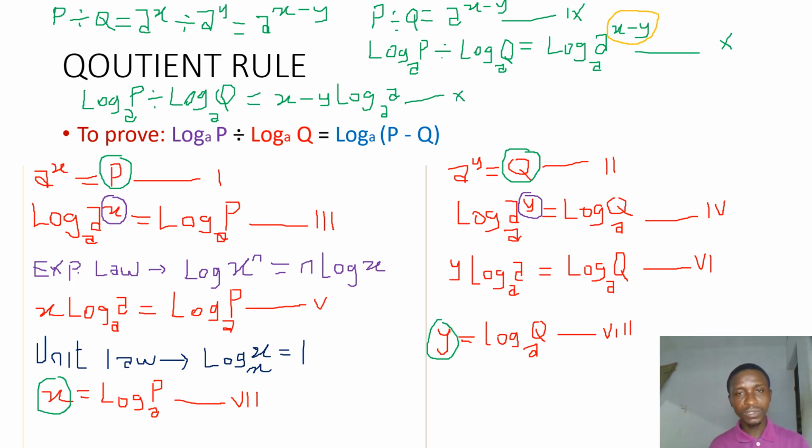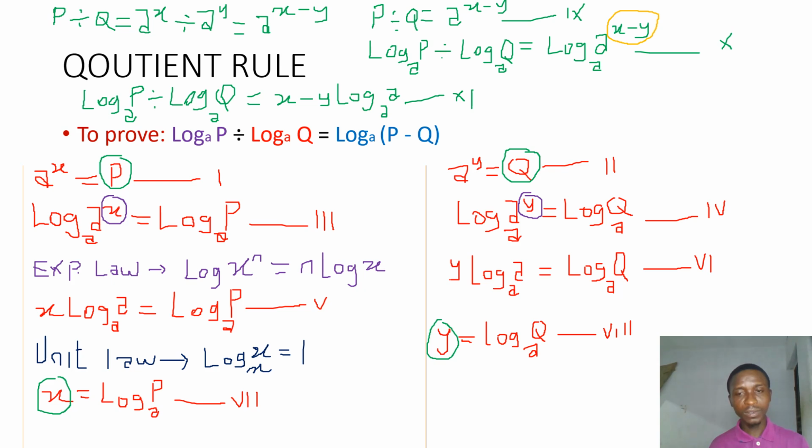What do we want to achieve with equation 11 now? We want to eliminate log a base a. And to eliminate log a base a, what are we supposed to do?